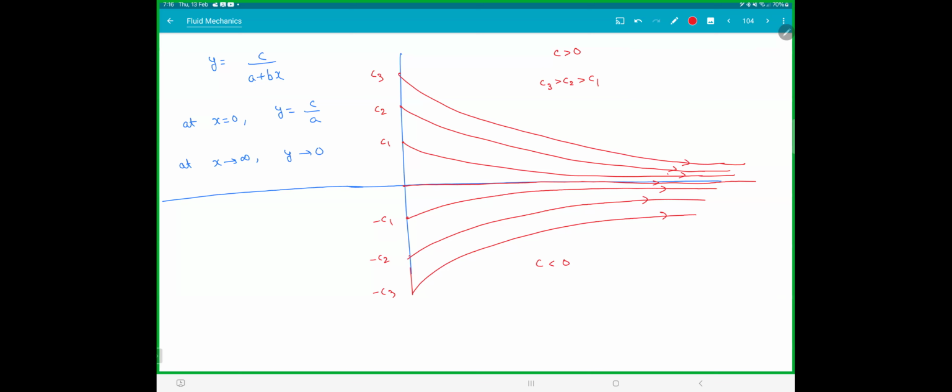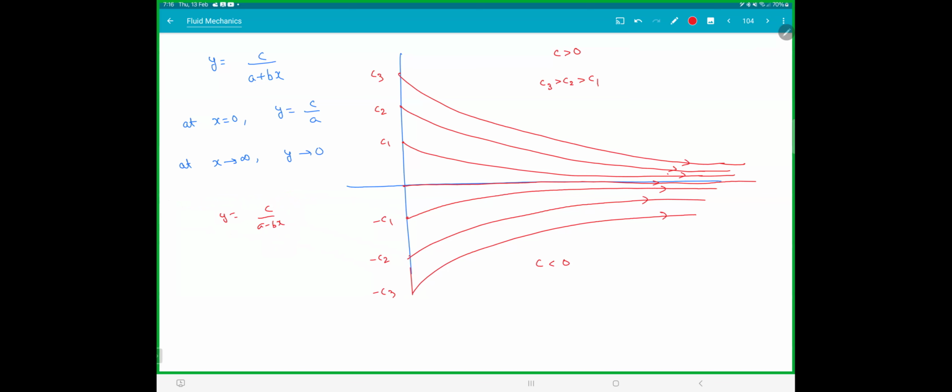I'm not sure how this looks. For example, let's say X is negative and C is also negative. So will this be like this? I think that is how they would look. If X is negative, it's like Y is equal to C by (A minus BX).